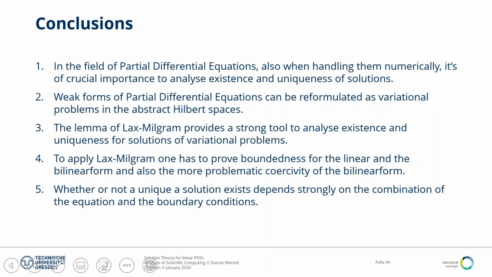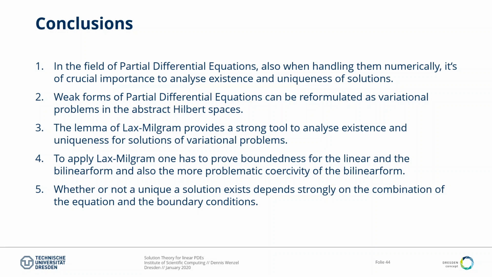So let's conclude. In the field of PDEs, even when handling them numerically, it's very important to always know if a solution exists and if it's unique. Otherwise, you run into these terrible problems that we have seen here when talking about the Neumann boundary conditions for Poisson's problem. The weak forms that we have already considered for PDEs are already in the form of a variational problem in abstract Hilbert spaces.